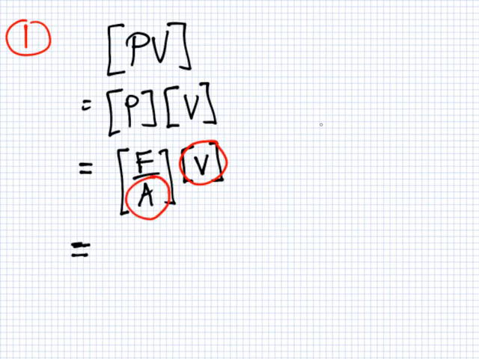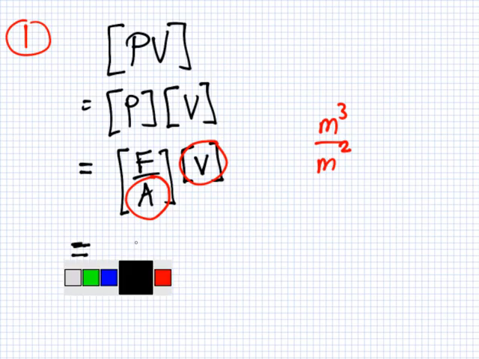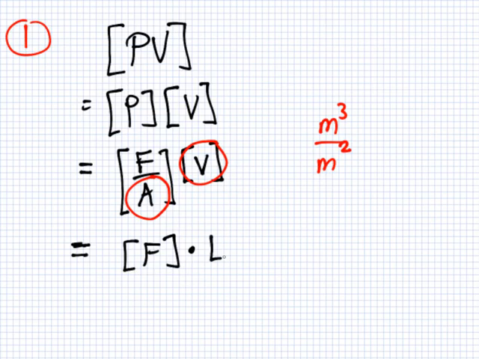So remember, volume is meter cubed and area is meter squared. So together, meter. So this is force multiplied by length. What's the unit for force? Newton. And length? Meters.